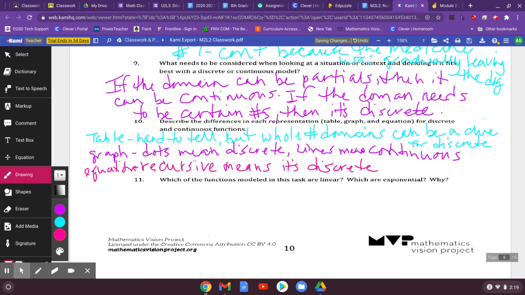And I'm going to actually go ahead and keep going on here. Explicit is continuous. So if somebody gives you an explicit equation, you assume it's continuous, but it can be used to represent both.